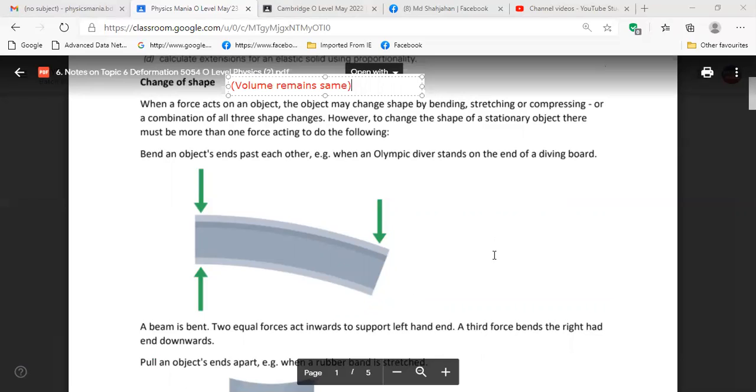Example. I'm writing the examples. Making different structures by a potter using clay.